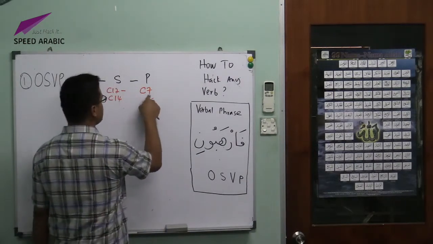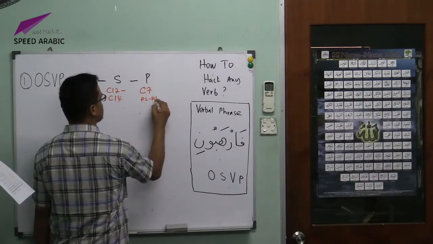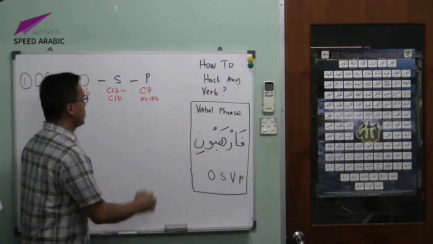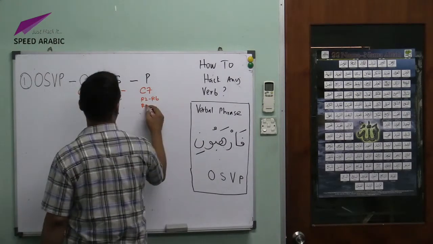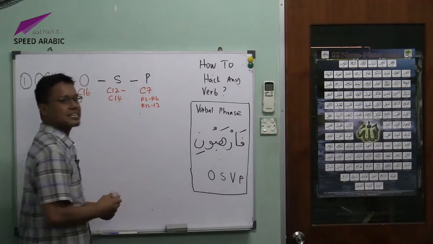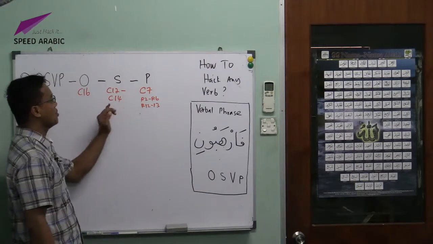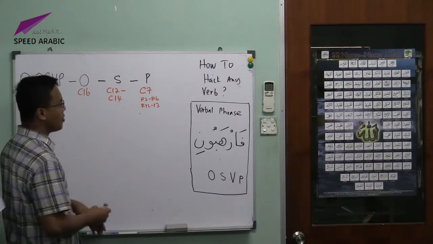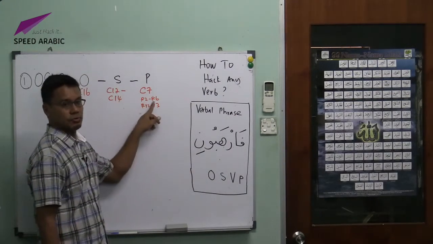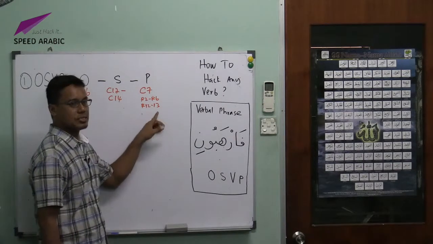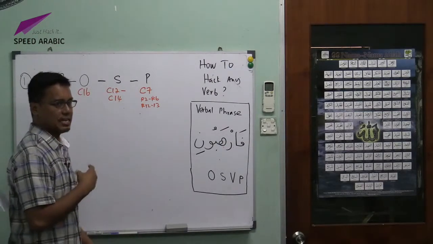So the particles for C7 can be row number 2 until 6, and for the sa, it's row number 12 and 13. So the particles that come before the verb can only be from row 2 to row 6 and row 12 to row 13 of column 7. That is how precise, okay, this formula is.